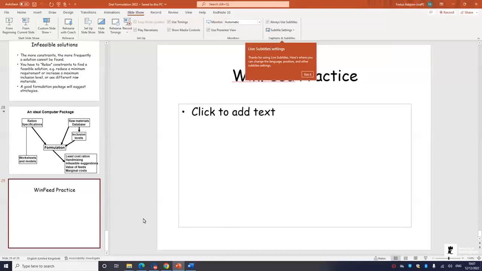Quickly, we are going to try one or two exercises. The steps were already uploaded on Moodle as well. We are going to just check and see how fast or how far we can go and what type of diet we are able to formulate.